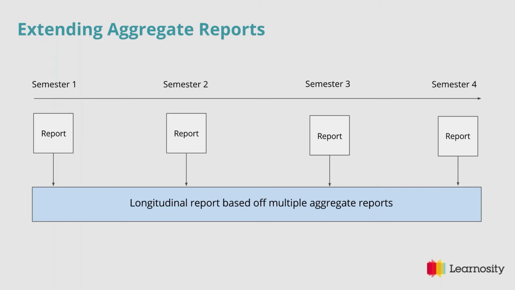So here's an example of how it might be used. At the end of each semester, you may generate a report using this tool. Even though aggregate reports are new from Learnosity, it's worth mentioning that because it's all based off sessions and activities, you can generate these reports retrospectively.